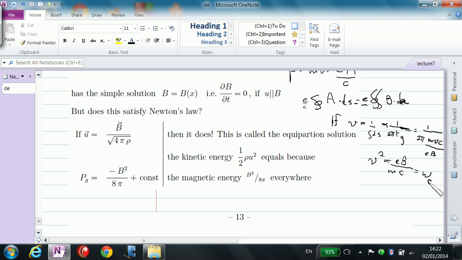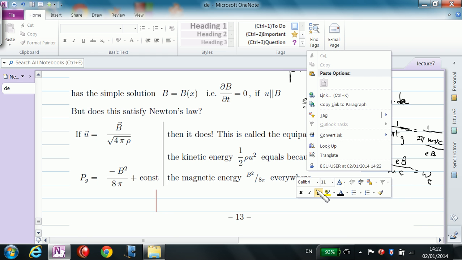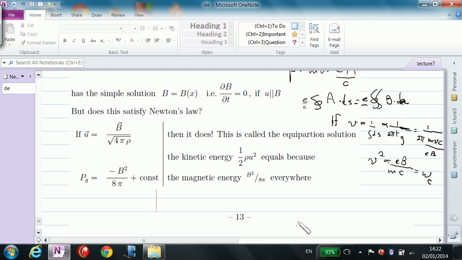It means the kinetic energy of the particle, if B goes down, v squared goes down in proportion.